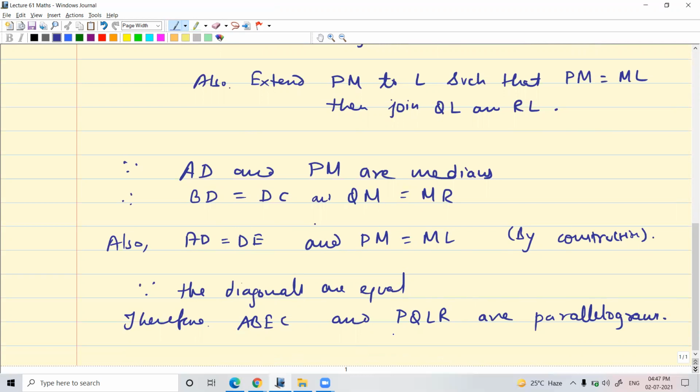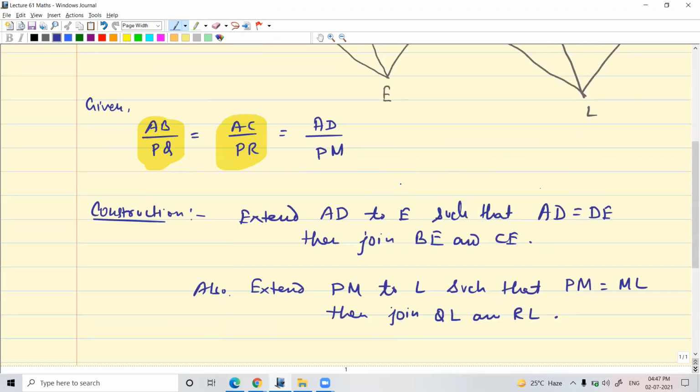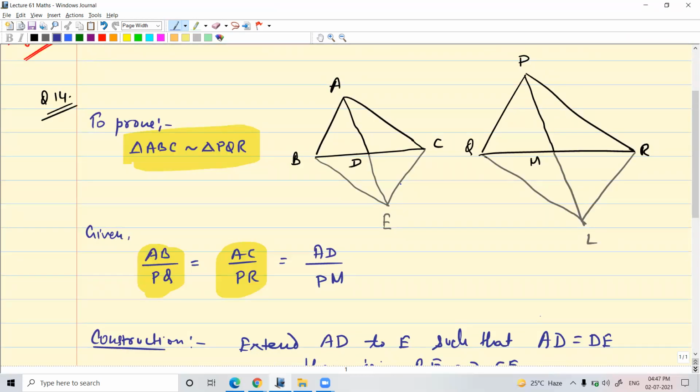Then, once we have these as parallelograms, does anyone have any idea how we can prove that angle A is equal to angle P? Sir, opposite sides. The opposite sides what? Opposite sides of a parallelogram are equal. Okay. So which sides are equal?